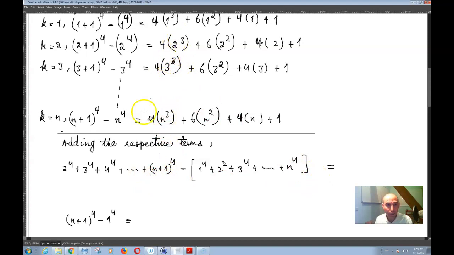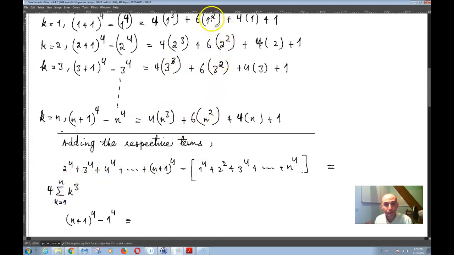So I can write this as 4 times sigma k cube as k goes from 1 to n.